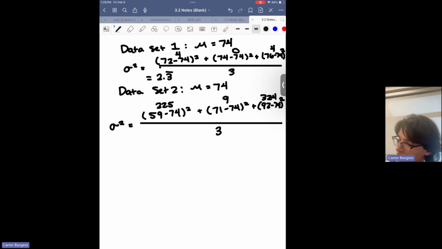Add them all up, divide by 3, we get another number that we don't know how to interpret, 186.